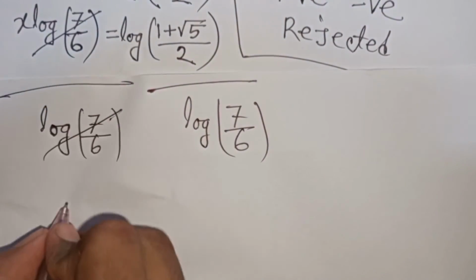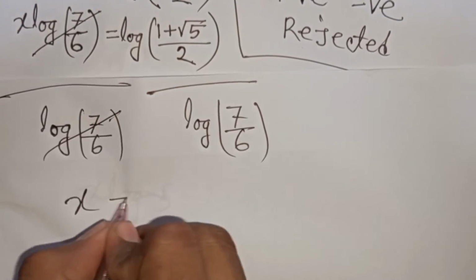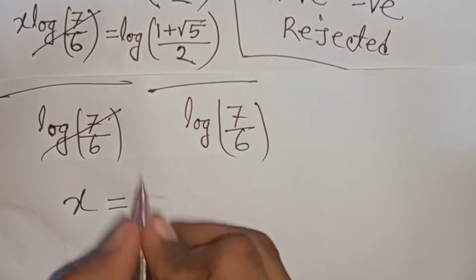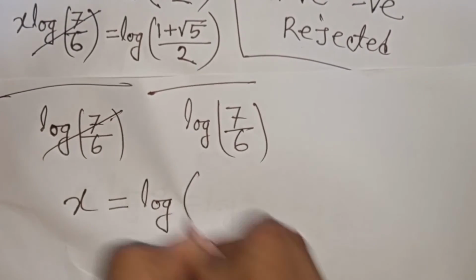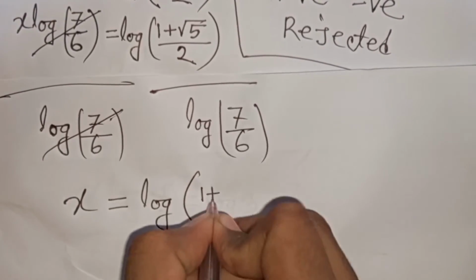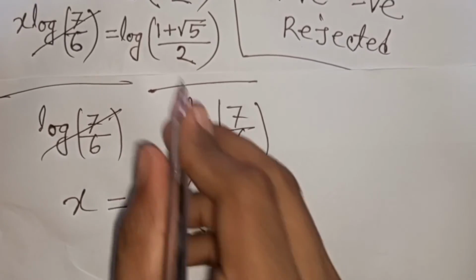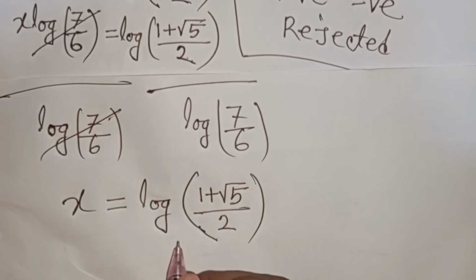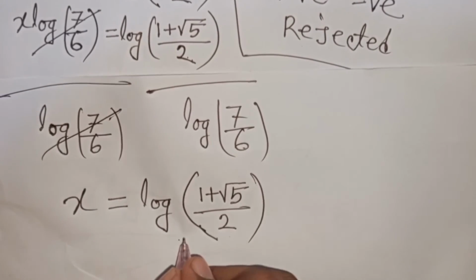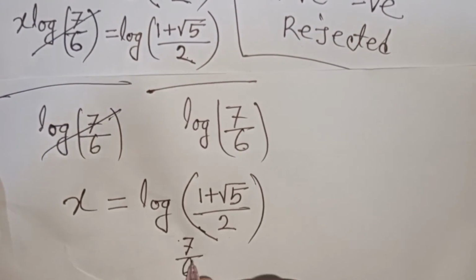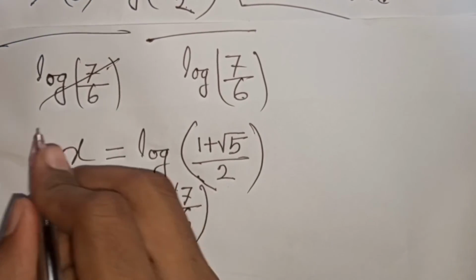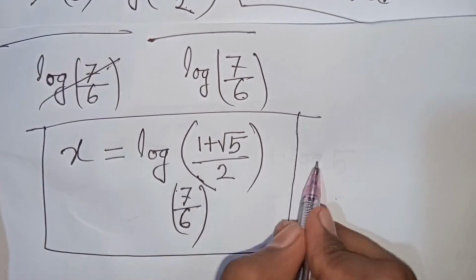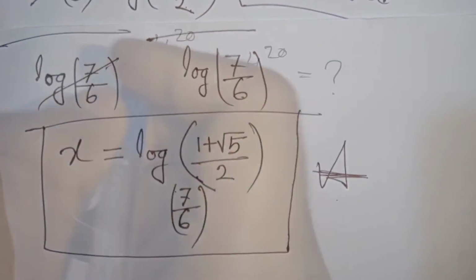So here x will be equal to this divided by this, that means log of 1 plus a square root of 5 over 2, with base 7 by 6. So this is the value of x, so this is our final answer.